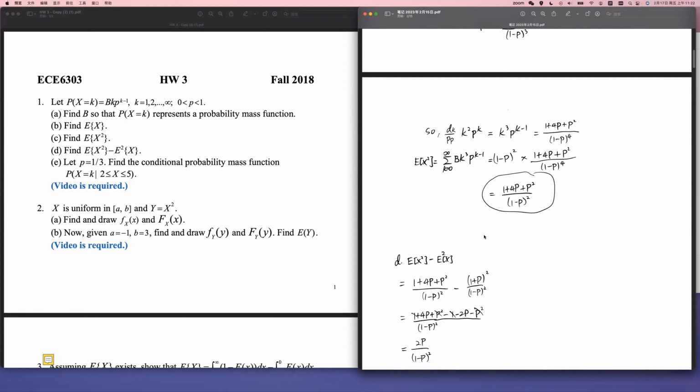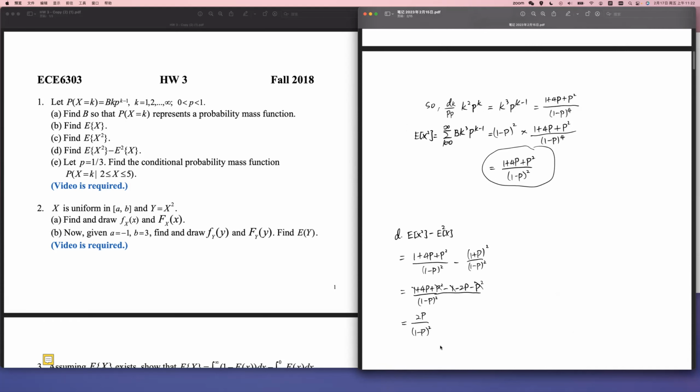So we just use the answer from part C minus the answer of part B to the power of 2, and get 2p over (1 minus p) to the power of 2. It should be clear that the expected value of x squared is different from the expected value of x to the power of 2.